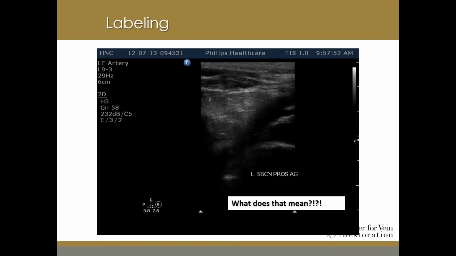Key when labeling is to make sure that you're following the standard with your labels, something that is representative of what is being seen and known to anyone who is viewing or reviewing those images.